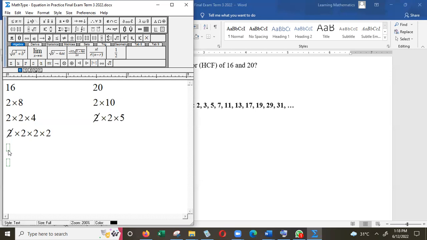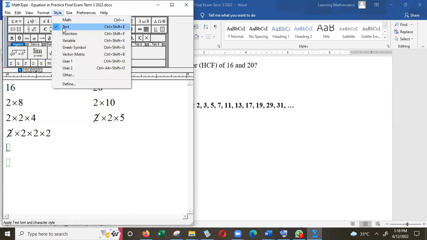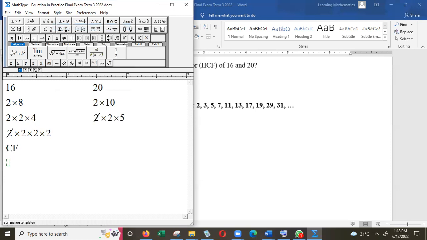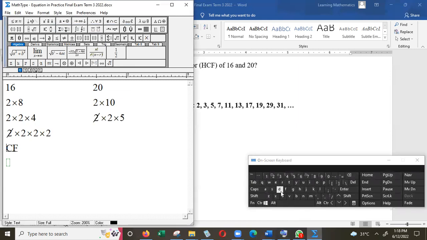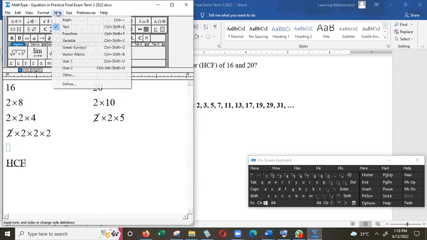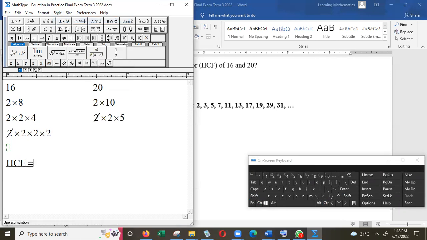Okay, so we can write the HCF, let's write it there instead, is equal to, now we cross out 2 and 2, so 2 is common, times.